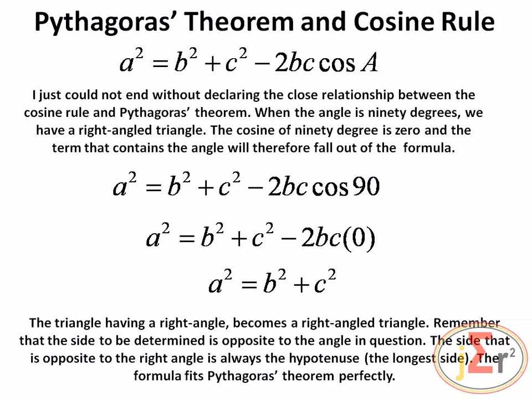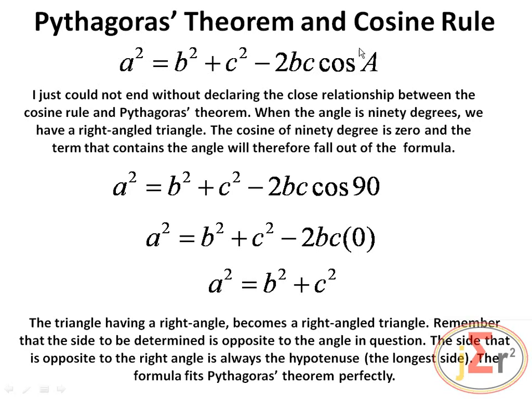Remember that when we apply the cosine rule, the side that we are finding is opposite to the angle in question. See, we are finding side A, and we know that it is opposite to angle A. So, if we say cos A, say A is 90 degrees, then A squared is going to be the square of the hypotenuse, because the hypotenuse is opposite to the 90 degrees.